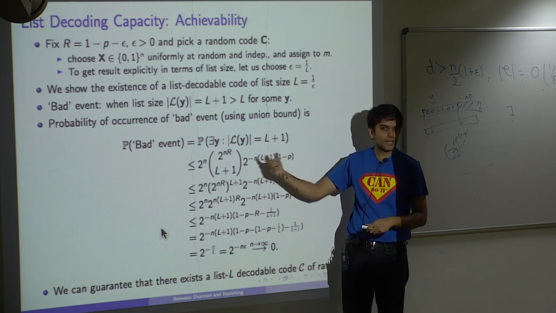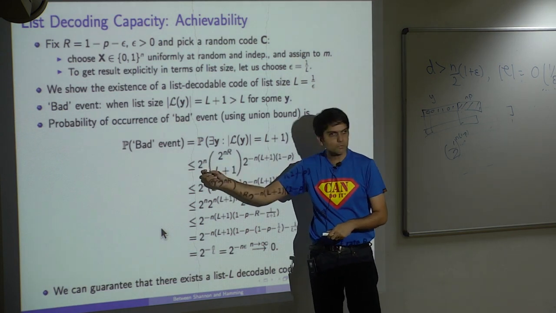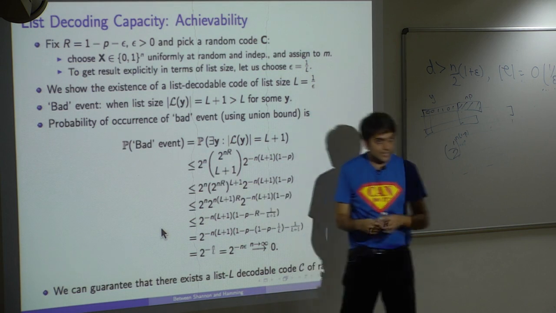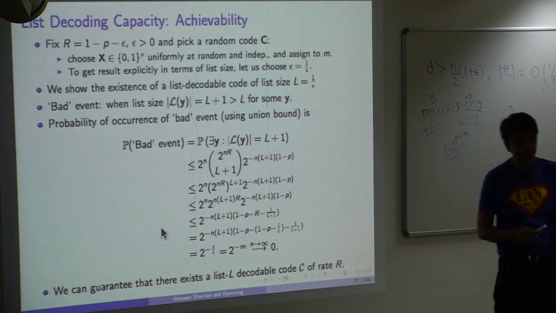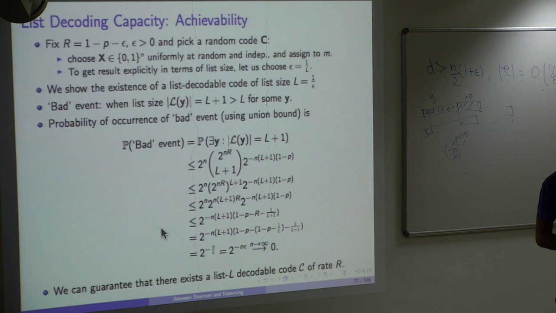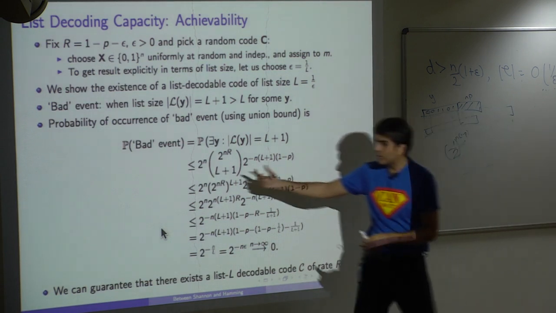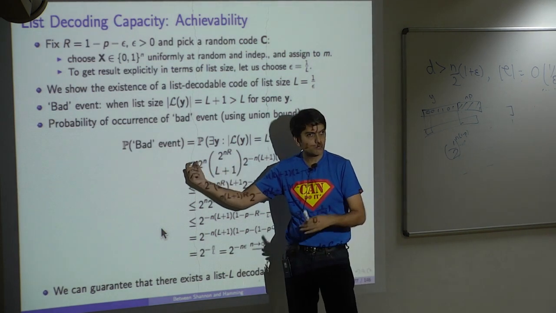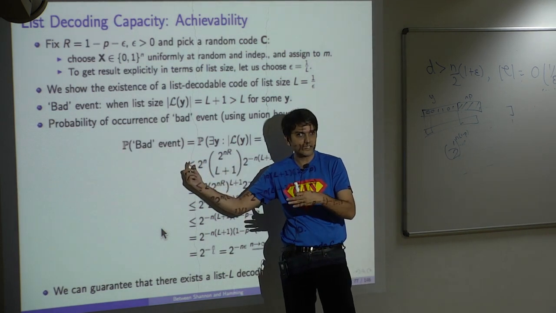Then another union bound, because this is if there are exactly L plus 1 code words. It could be L plus 2, L plus 3, and so on. Each of those has a smaller probability than this one. So you take another union bound over the possible values of the size of the list.